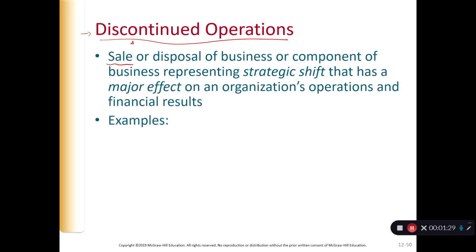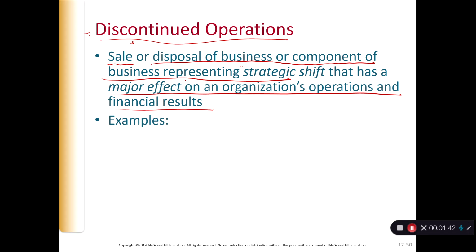So, in other words, only the sale or disposal of a business representing a strategic shift that has a major effect on our organization's operation and financial results is reported in the discontinued operation.